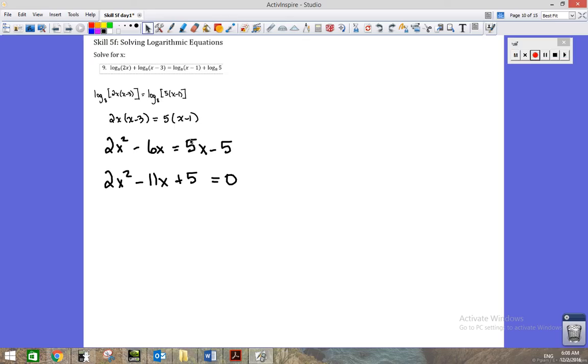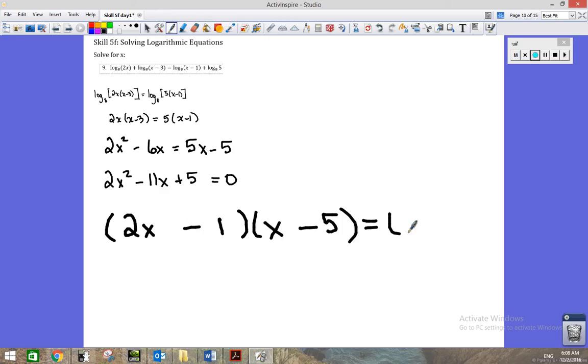Here it's not that difficult because both 2 and 5 are prime, so we can do it by trial and error. We know that 2x times x gets me 2x squared. With this guy being positive and the middle term being negative, I know that both of these are negative, and to get a negative 11, the 2 times negative 5 is negative 10, minus 1 more, and I get the negative 11.